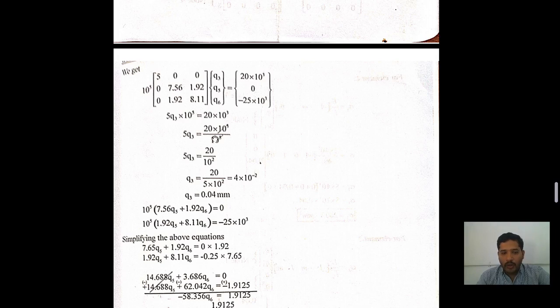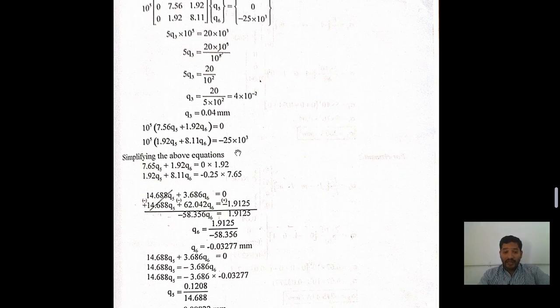After that we have to repeat for the third row, first column. 10 power of 5 as it is, 0 into Q3 becomes 0, plus 1.92 into Q5 plus 8.11 into Q6 equal to minus 25 into 10 power of 3. Clear? After that, you need to consider the above equations in this form.